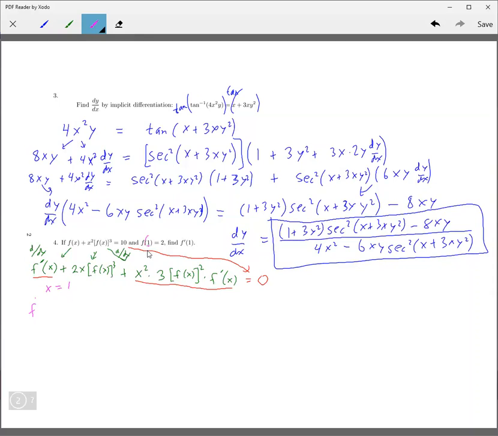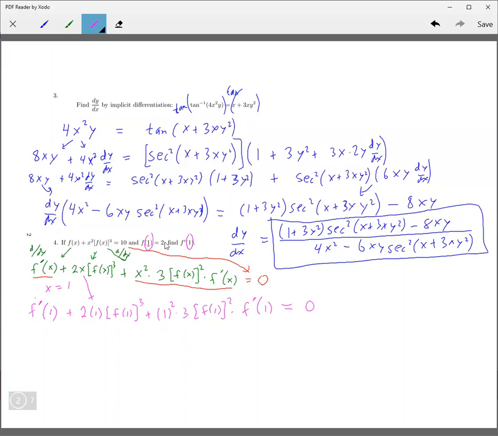So we plug in a 1 everywhere there's an x. And then it's f of 1 cubed plus, and then this is a 1 also. And then f of 1, and then f prime of 1. And that's all equal to 0.